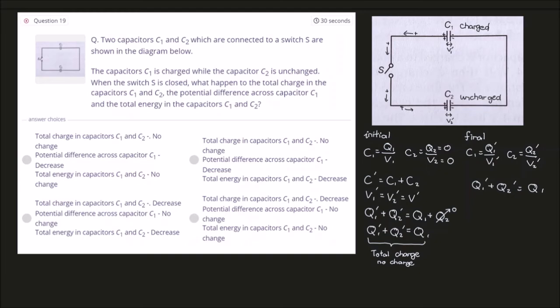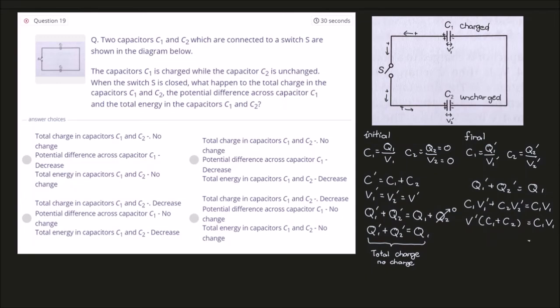So we know that Q1 prime is equal to C1 V1 prime plus C2 V2 prime, and Q1 is just equal to C1 V1. We know that V1 prime is equal to V2 prime, and we can call them commonly V prime. So what we can do is factorize out V prime and leave it with C1 and C2 inside the bracket. Here will be C1 V1.